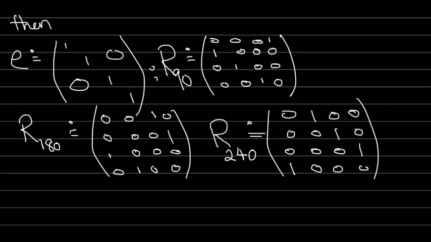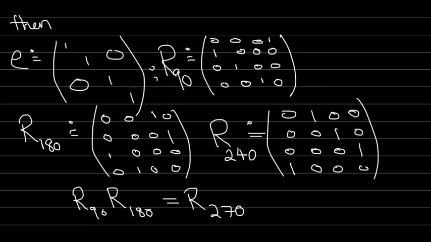So what I mean by that is R90 and then R180 would be the same as R270, right? So if you perform a rotation by R180 first and then by R90, that would be the same as if you were to perform a rotation with 270 degrees, and so on.